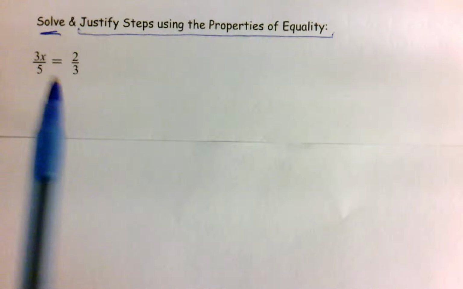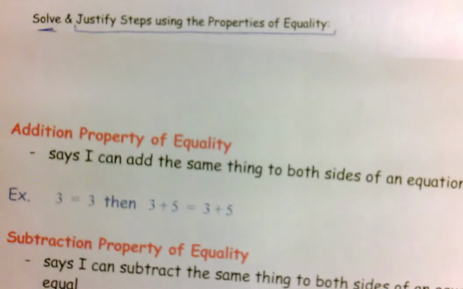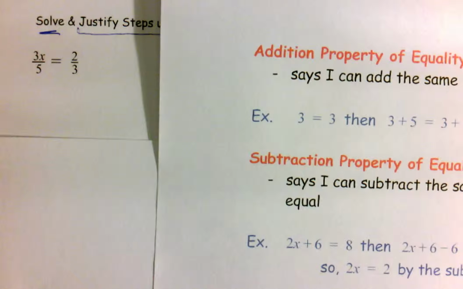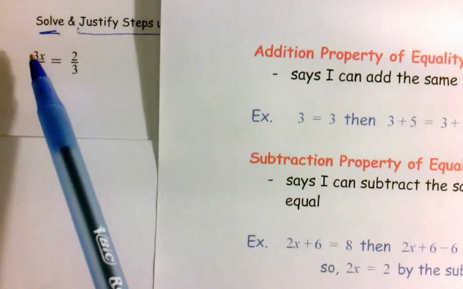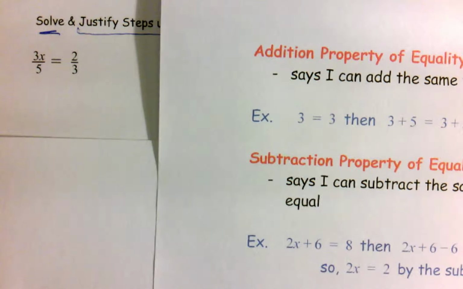So instead of using cross multiplication, I'm actually going to just refer to my list and see if there's anything that I can pick out from my list here that will allow me to get this x by itself. So I see that x is being multiplied by 3 and divided by 5.